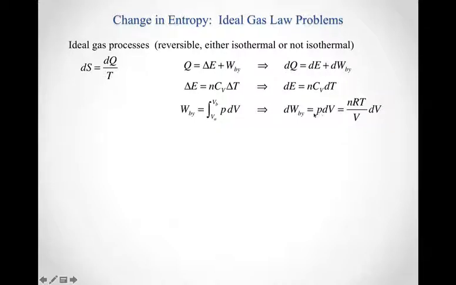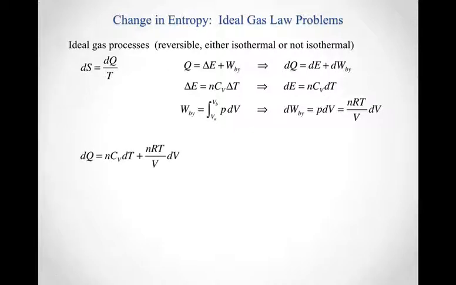The pressure using the ideal gas law is nRT over V: number of moles, universal gas constant, temperature, divided by volume. That gets multiplied by my volume element dV. So I can plug this in for this dW term.